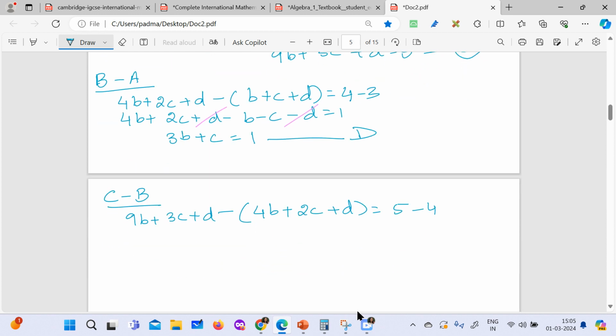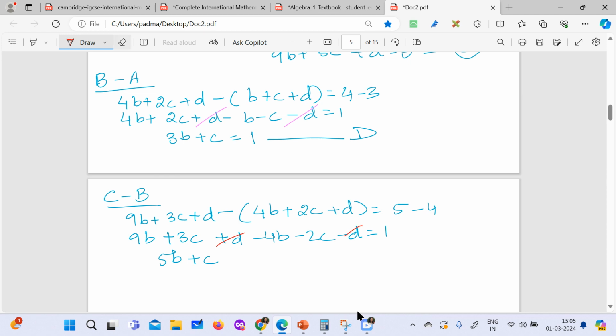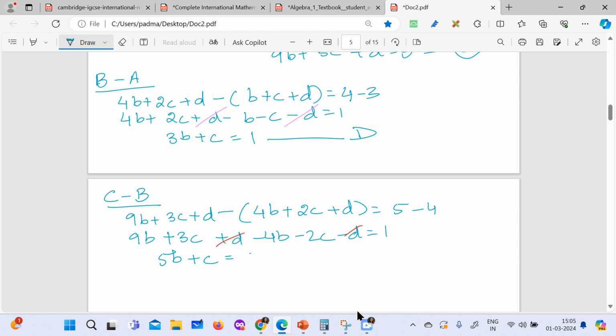Now we open the brackets. 9b plus 3c plus d minus 4b minus 2c minus d equals 1. So 9b minus 4b is 5b, 3c minus 2c is c, and again plus d and minus d cancels out. So we have here 5b plus c as 1. I will mark this as E. So many equations we have got, right?